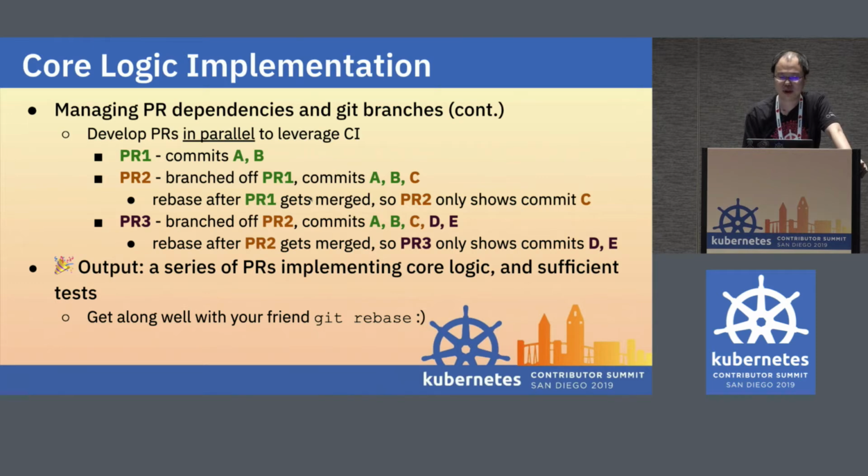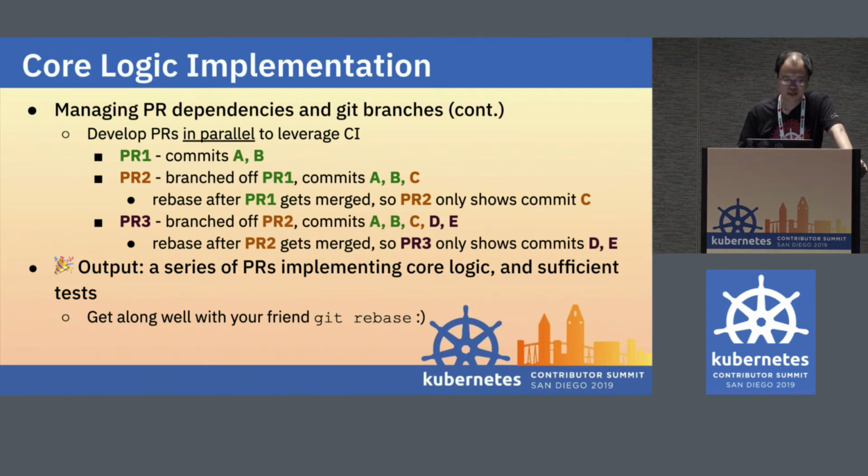In PR2, I just branch off based on PR1 and make the additional commits, and the same for PR3, et cetera. So once PR1 gets merged, all I need to do is rebase PR2. Then PR2 will only display the delta commit that really belongs to PR2, which in this case is commit C. The good thing is that the development process is under your control, and you can usually catch the deadline.